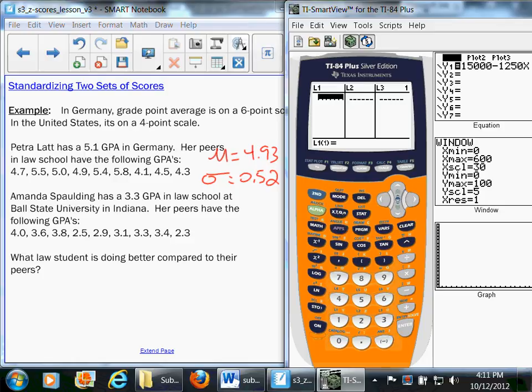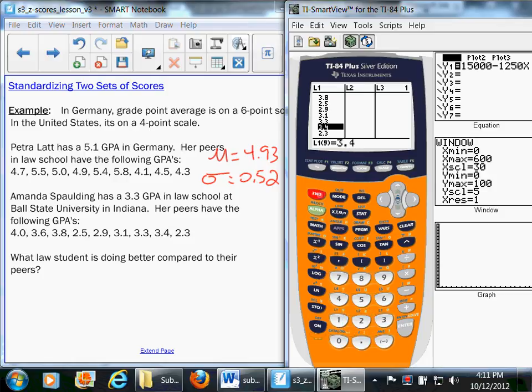So we'll enter Amanda's first, so that's 3.3, 4, 3.6, 3.8, 2.5, 2.9, 3.1, 3.3, oopsies, 3.3, 3.4, and 2.3.